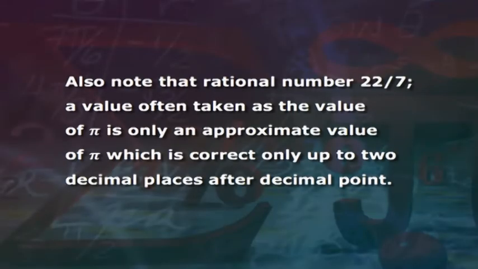We should take care not to take these values as exact or equal. They are only approximate values. Also note that rational number 22 divided by 7, a value often taken as the value of pi, is only an approximate value of pi, which is correct only up to 2 decimal places after decimal point.